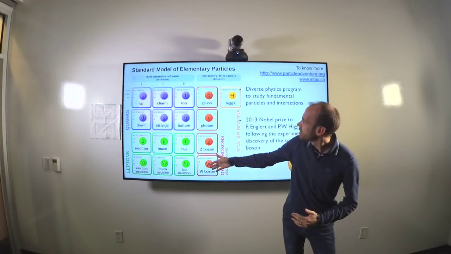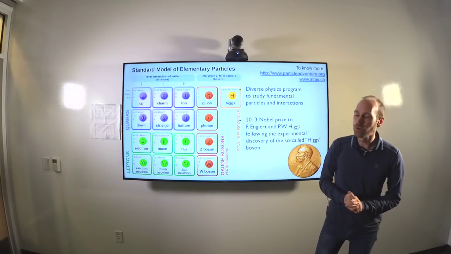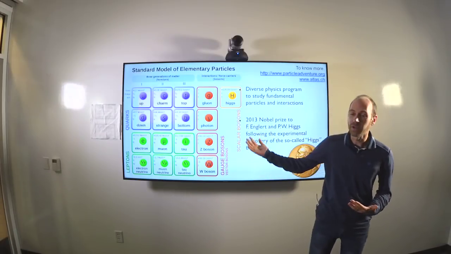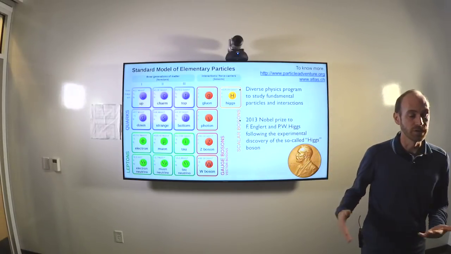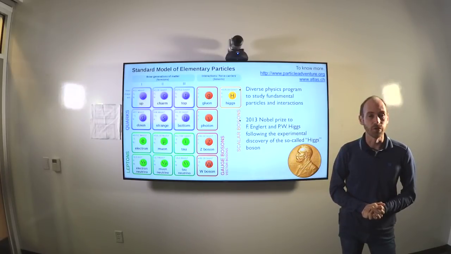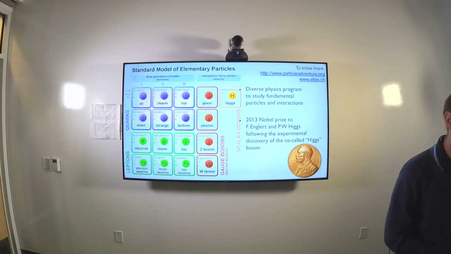Similarly, in this sketch, you can see the gluon, photon, Z and W bosons. These are the so-called mediator particles that mediate forces, that is, electromagnetic, strong and electroweak forces. The graviton is supposed to be the particle for the gravitational force. Unfortunately, it's really, really hard to detect, and in fact, we haven't detected it in any experiment.